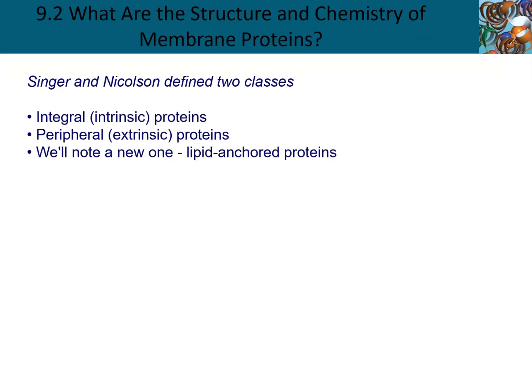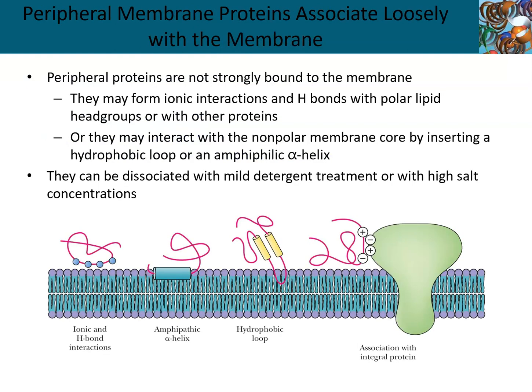So let's take a little look at integral and peripheral proteins, and we're also going to look at a subcategory of this, lipid-anchored proteins. If we're talking right about peripheral membrane proteins, peripheral membrane proteins are proteins which associate with the membrane, but they're not strongly bound to the membrane. They're not held within the body of the membrane.